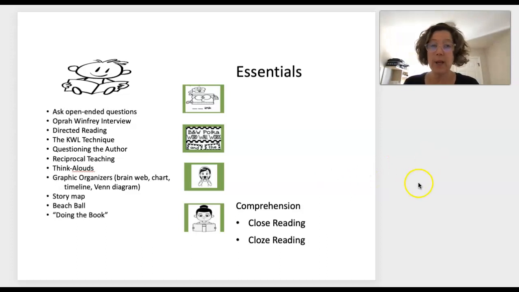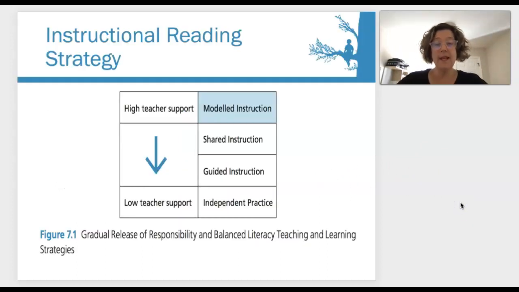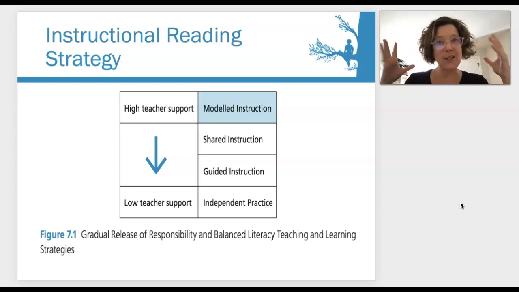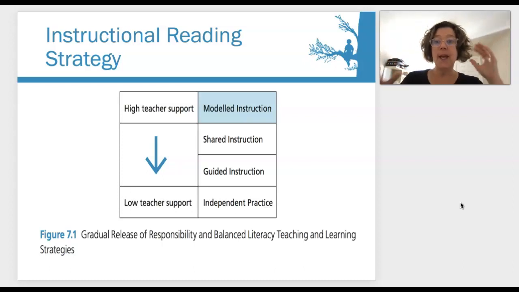Now, here we go. What I have done is I have set up the rest of these slides for you to just read through on your own, versus me just blathering through. I do want to give you the introduction of what this whole reading strategy is.